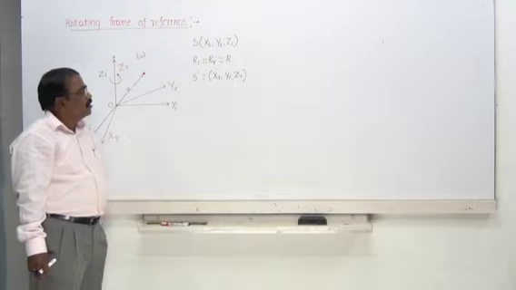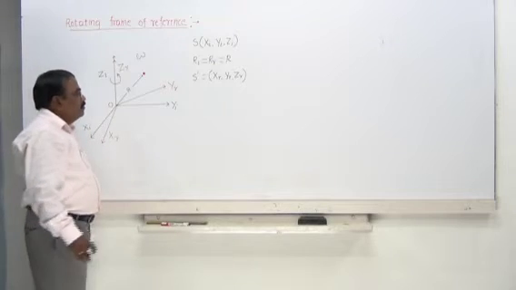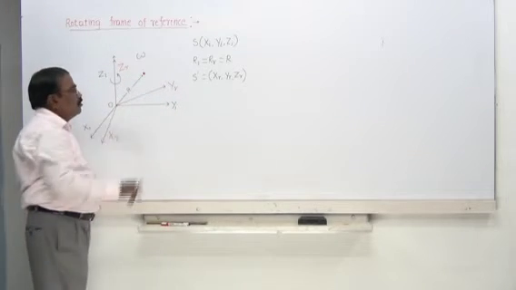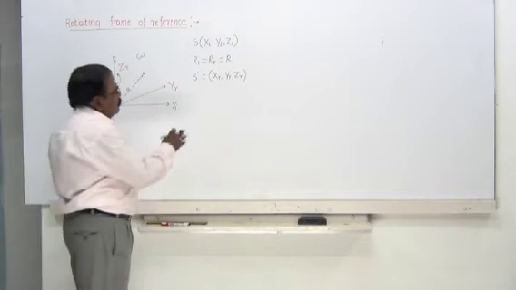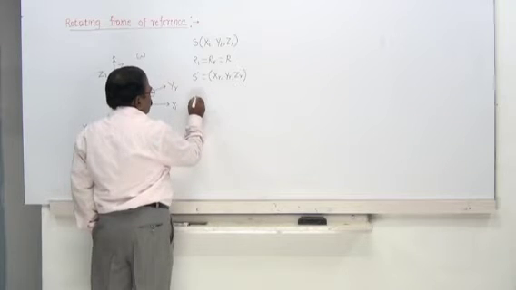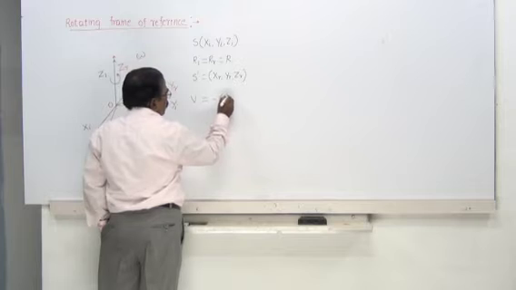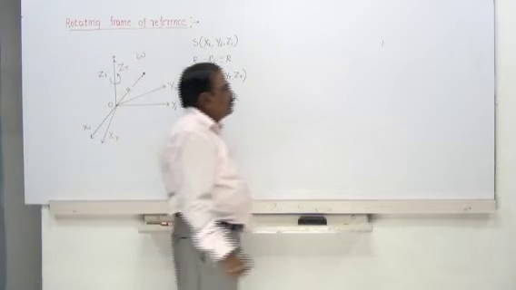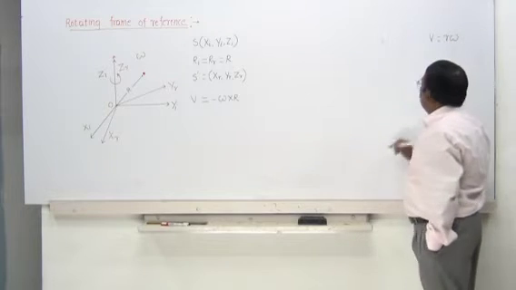Ri is equal to Rr is equal to R. Then since it is rotating with a constant angular velocity, the linear velocity observed by the observer in the S dash frame is minus omega into R. Long back there was a relation between linear velocity and angular velocity, R omega.